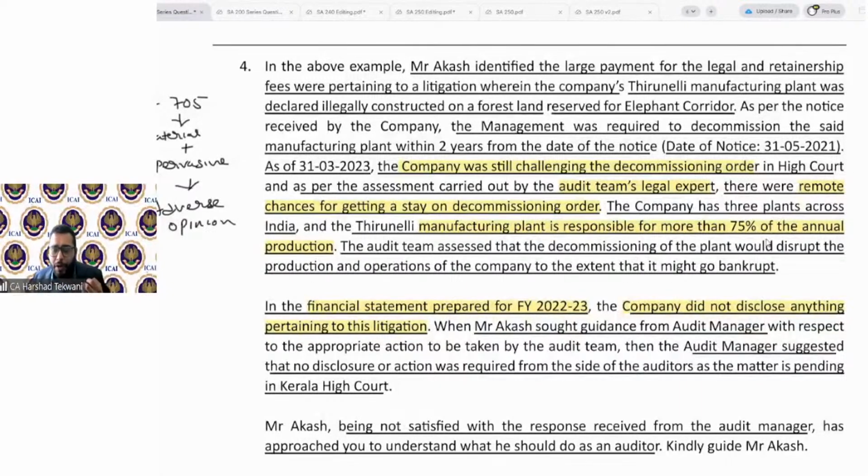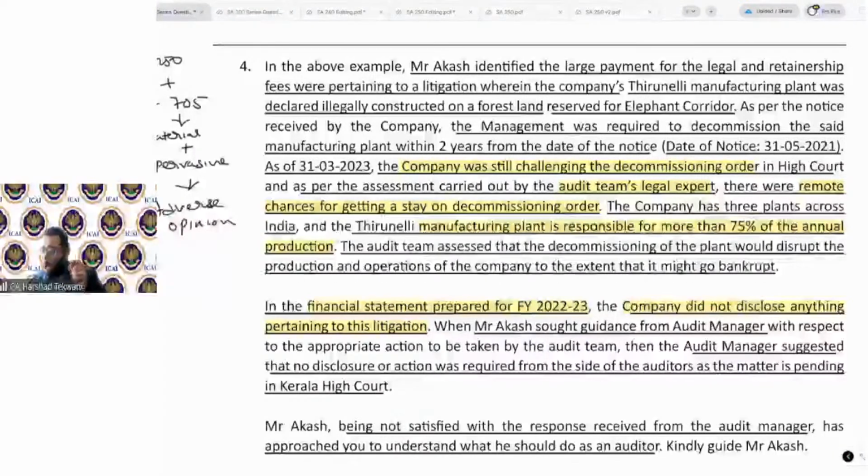Here it will be both, because it is material by default, being 75% of the annual production, and pervasive because it is impacting other areas also, not only the production, but it will impact my sales, my operations, and the overall financial position of the company. Hence, I need to issue an adverse opinion based on SA 705 plus SA 250.